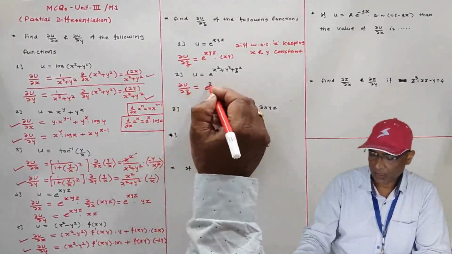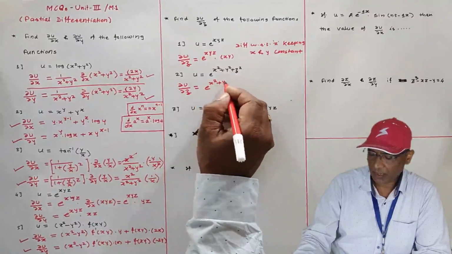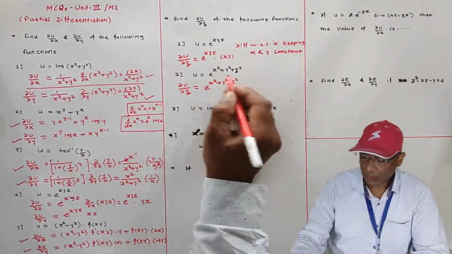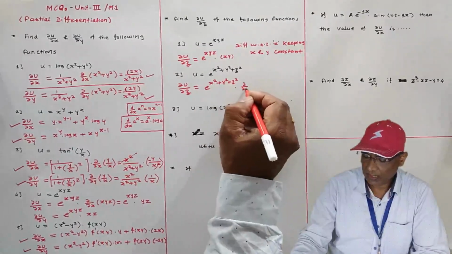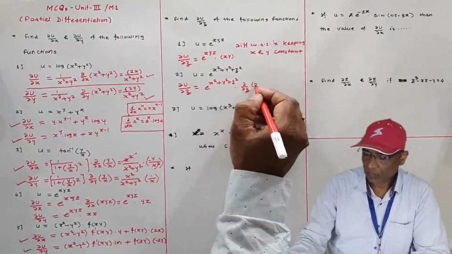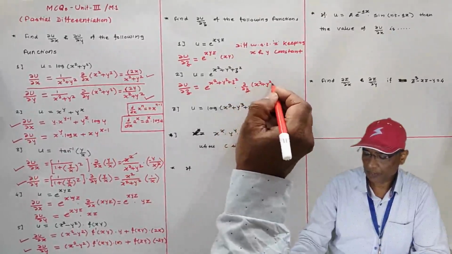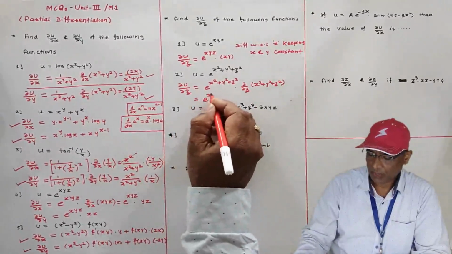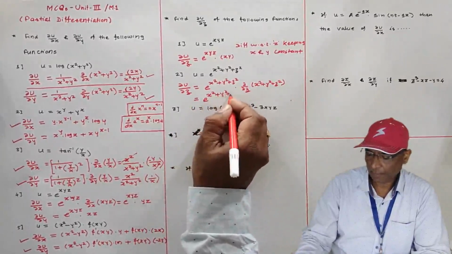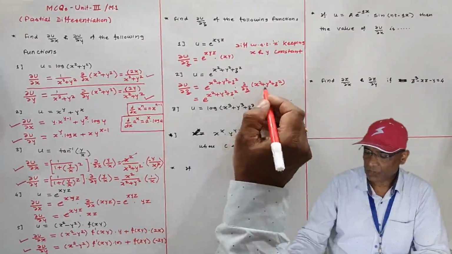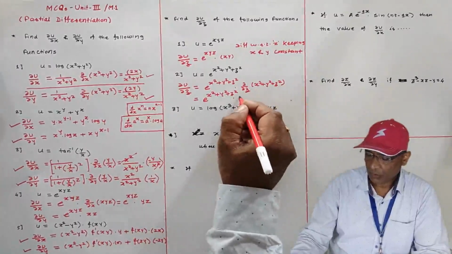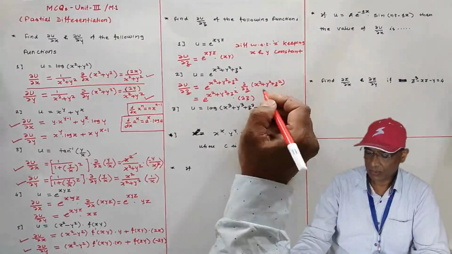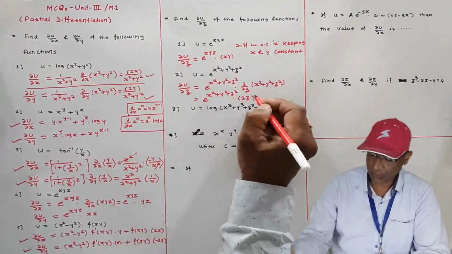Here x square, derivative of exponential is as it is, and derivative of x square plus y square plus z square, and this equals e to the power x square plus y square plus z square as it is, and derivative of x square plus y square plus z square is what? 2z, because derivative of x square is 0, derivative of y square is 0, derivative of z square with respect to z is 2z.